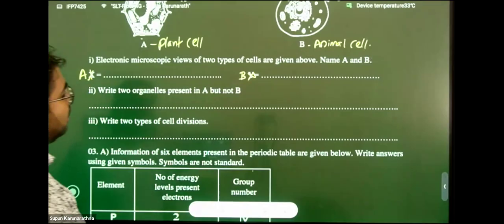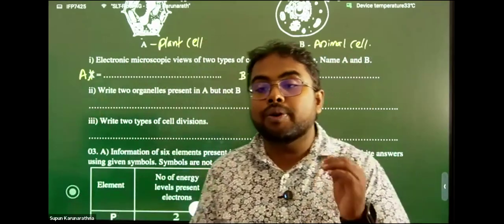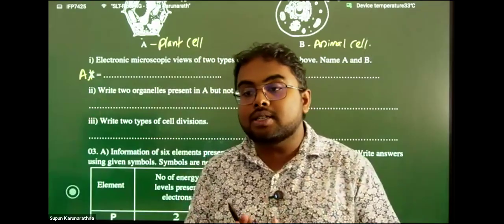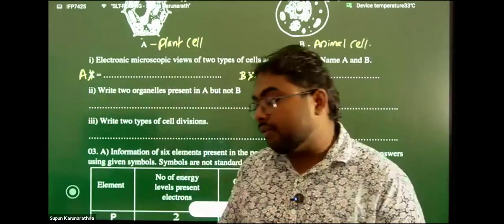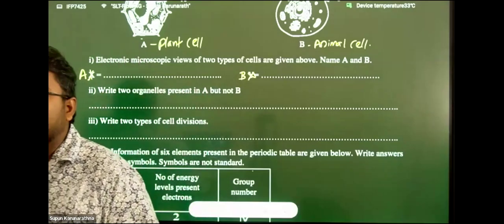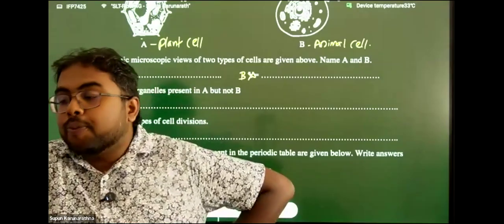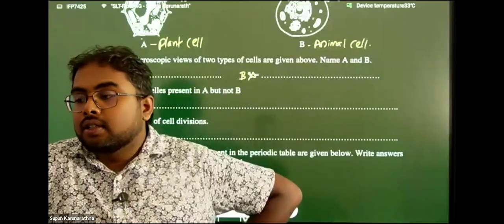Write the two organelles present in A but not in B. Before that, tell me, how do we identify whether the first one is a plant cell and the second one is an animal cell? What is the point that we use to identify this?